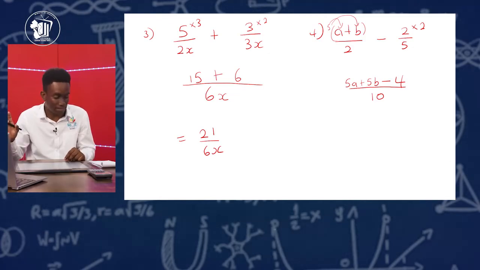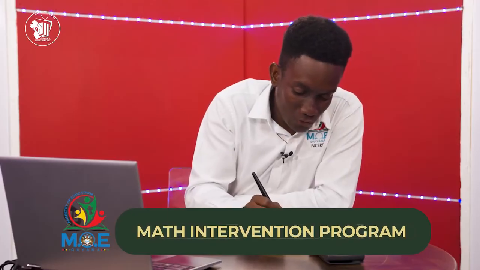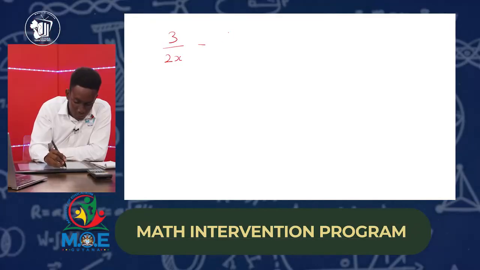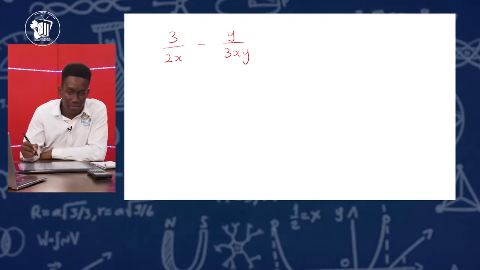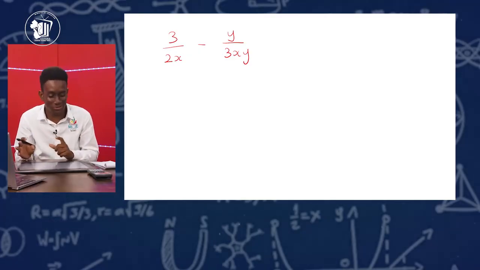Same rules apply. So now let's look at the final example. The final example says 3 over 2x minus y over 3xy. Of course, we have to find the LCM because we see 2x is not the same as 3xy.